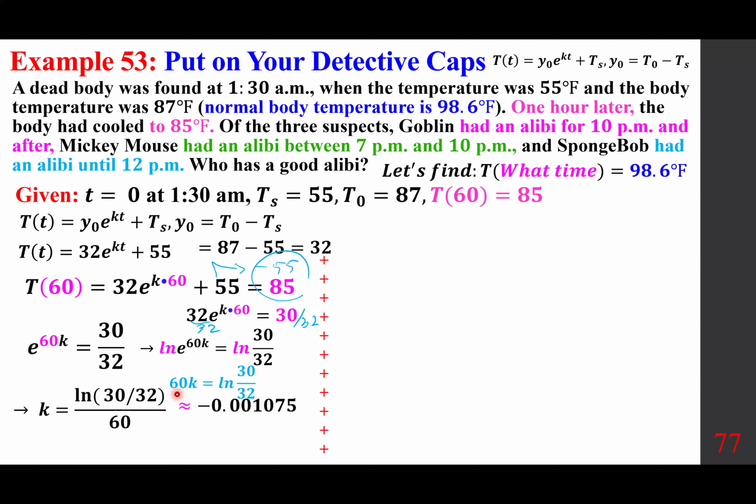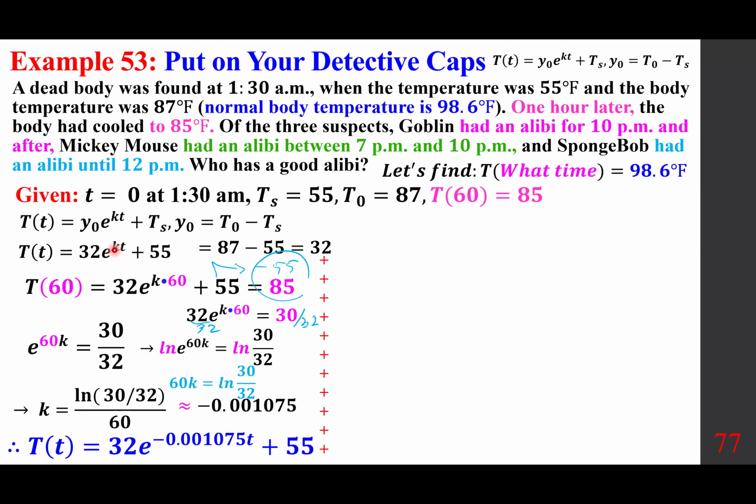Putting it into a calculator gives us negative 0.001075. So we go back to this formula and everything is in order. k was the only missing variable. We replace it.